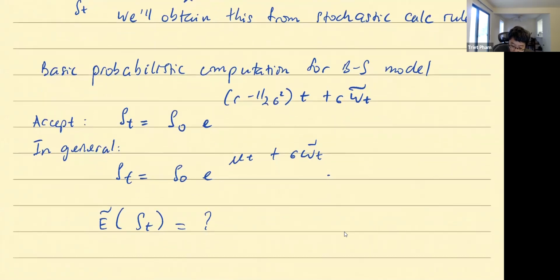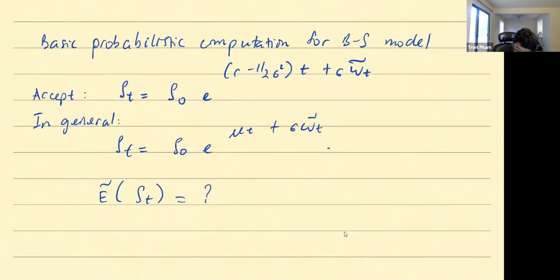So by E tilde, it's just exactly like the risk neutral expectation that you're used to doing, where we just say that under E tilde, this is a Brownian motion. So to do this calculation, it's going to be this.